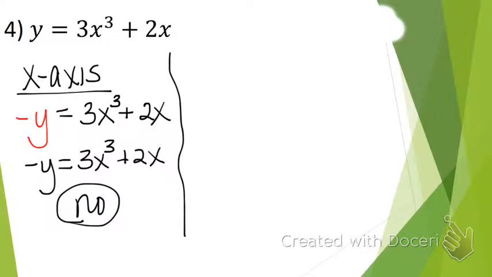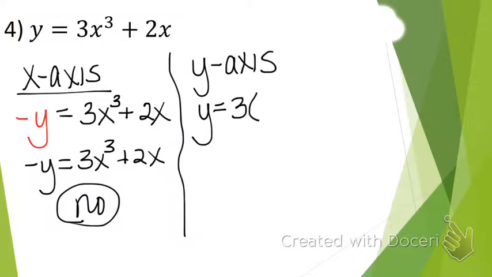So now let's look for y-axis symmetry. So we have y equals 3. And now we have to substitute that negative x in two different places. So the negative x goes here and here. So what do we get?